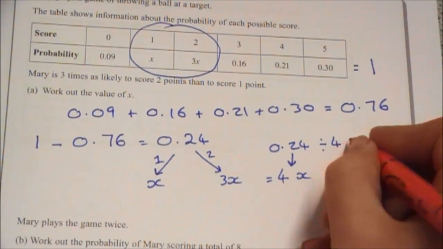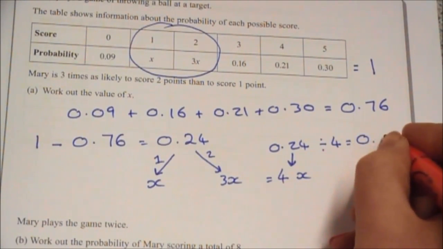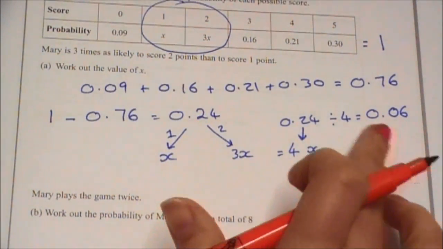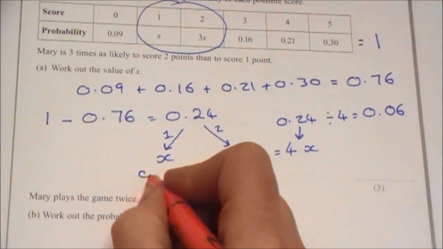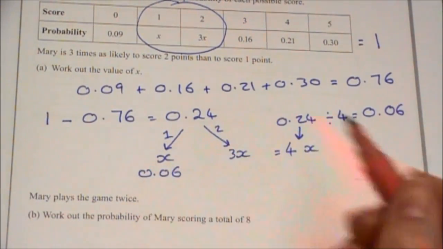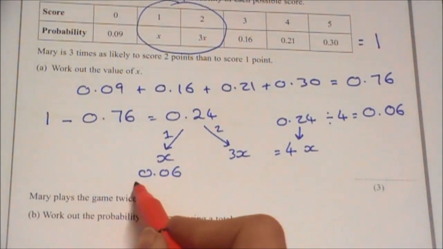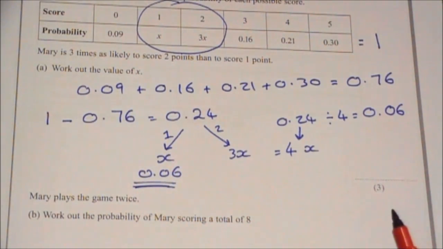So I do 0.24 divided by 4 equals 0.06. That then, just like ratio, would go and be multiplied into however many lots of x you've got. So that would be 0.06. That's the answer to the question.